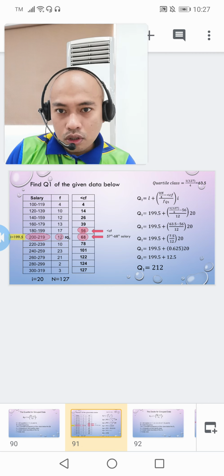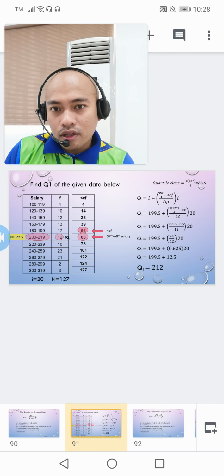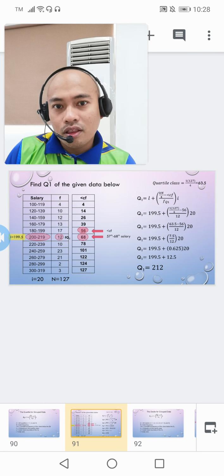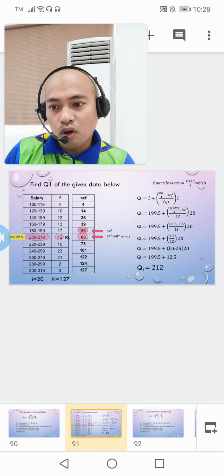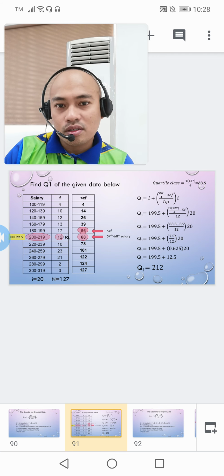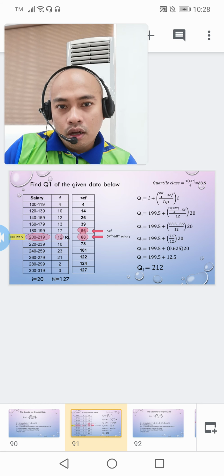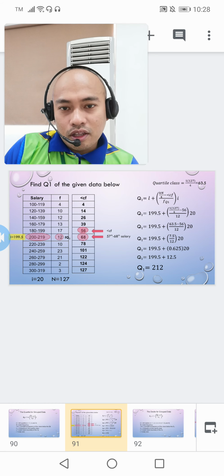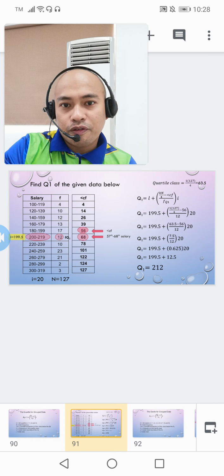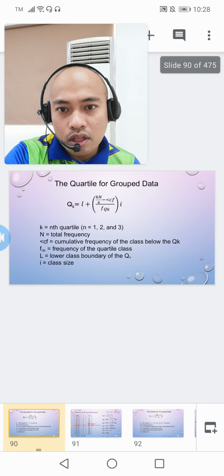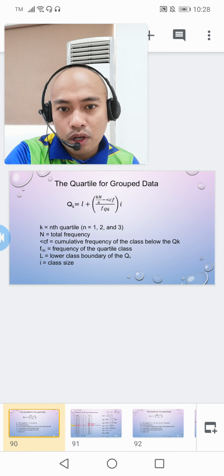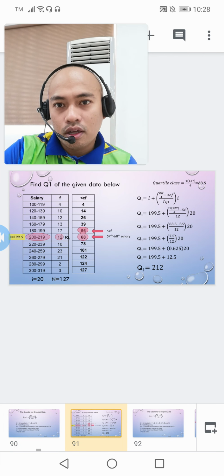Okay. So since 200 to 219 in the class interval is our quartile class, we can now identify the value of your L, which is the lower class boundary of our quartile class, and that is equal to 199.5. The less than CF, based on the definition, is the cumulative frequency of the class below the quartile class, below 68.